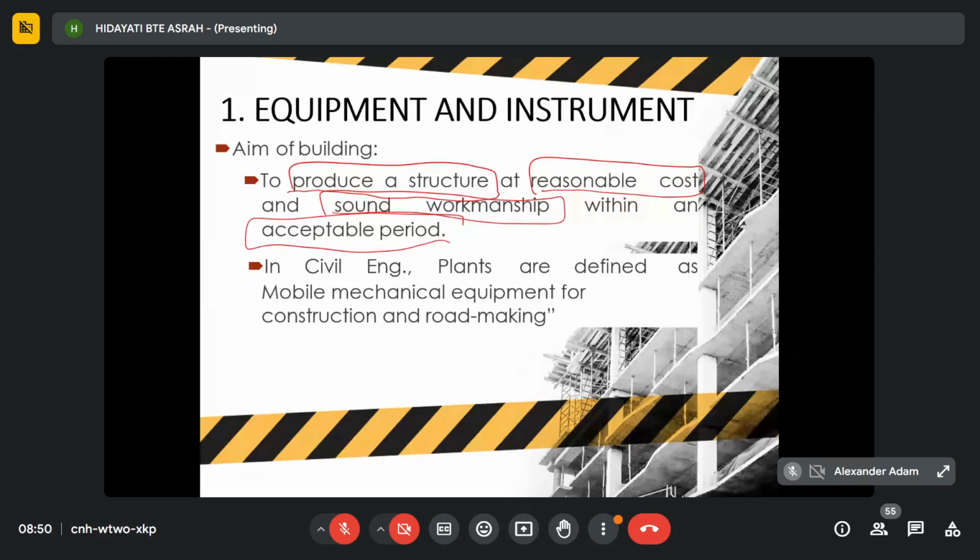In civil engineering, plants are defined as mobile mechanical equipment. That is what we call plants. They are very extensive, ranging from simple hand tools to very expensive equipment. So we will look at what equipment or tools are used in construction.